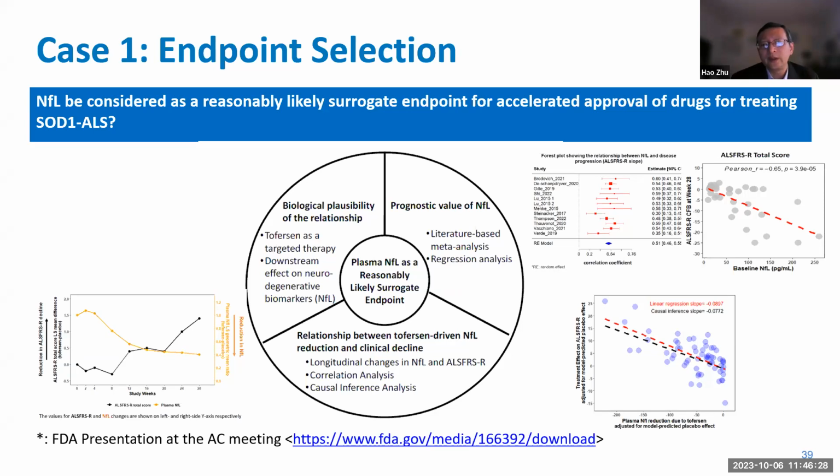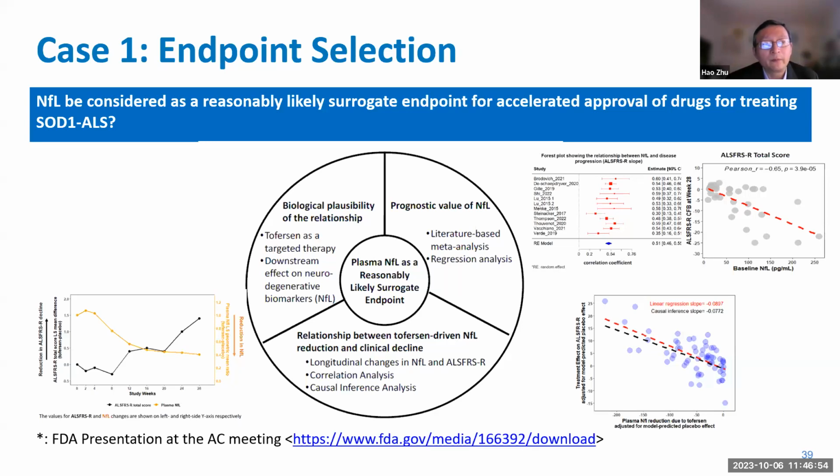You can see in the figures on the right-hand side, the two figures on top show the prognostic value of NFL by looking at the historical data. Also, the clinical trial data, shown by the two figures at the bottom, support that there is a correlation between the tofersen-driven NFL changes and clinical outcome changes.